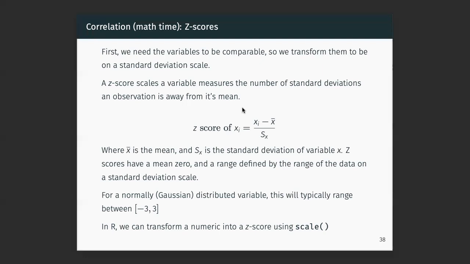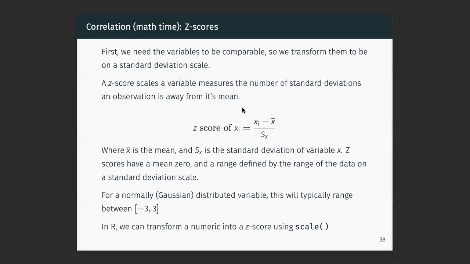But we could also write this as SD or S of X. I guess in this case it's not S. Sorry, I'm going to keep my notation consistent. We'll call it S T bar and SD of S of T, because it's of this variable. So the sample mean of the treatment test score and the sample standard deviation of the treatment test score.